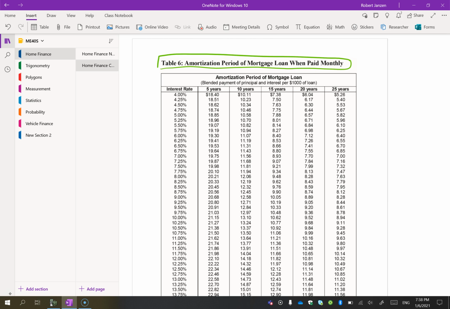It says the interest rate we have is 6.75%, and we are amortizing it over 25 years. So if I put those two together, I get 6.85. What does that mean, 6.85? This is the payment of the principal and interest per $1,000 of the loan.